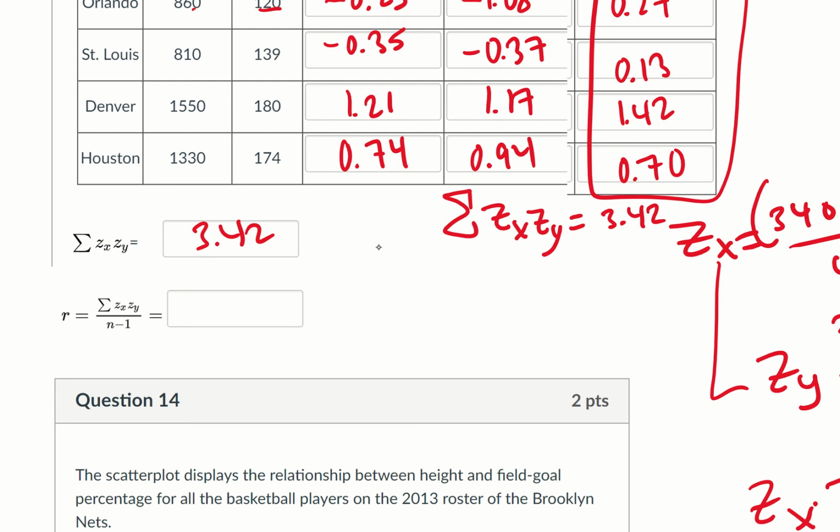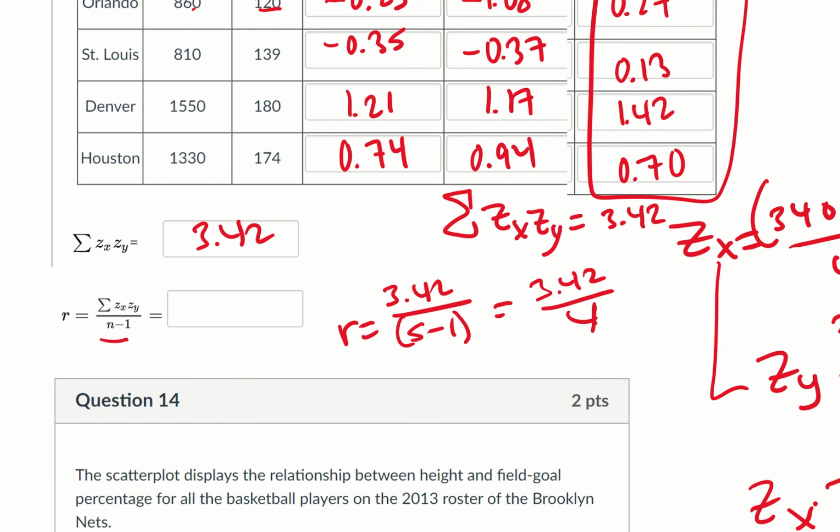All right, and then the formula for r is you add up the last column, which we just did, right? So 3.42. Then you divide by n minus 1, so the number of airports take away 1. So you're doing 3.42 divided by 4. Again, if you were to do this on a calculator, put this 5 minus 1 in parentheses in the denominator, okay?